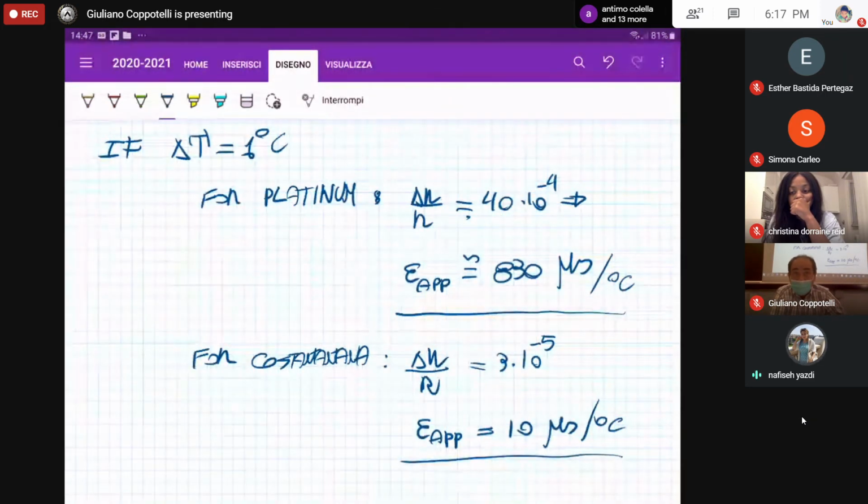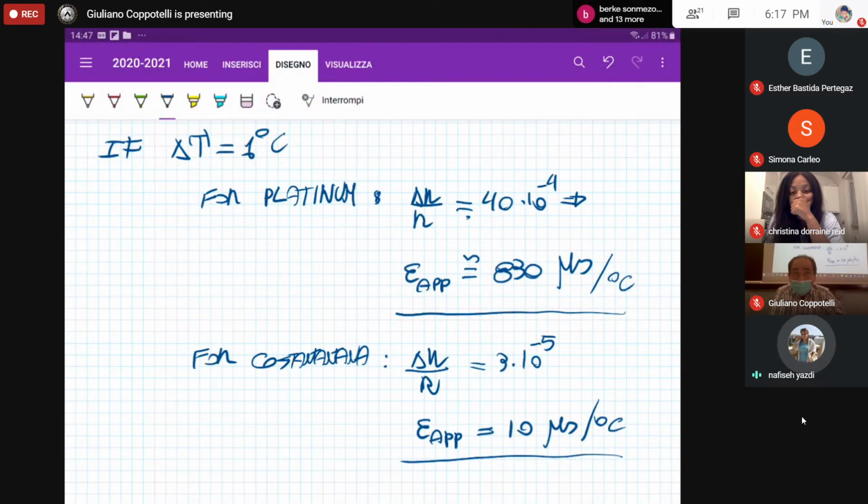What is the benefit of making a strain gauge with platinum? The benefit is just to emphasize this effect, so using the strain gauge to measure the temperature field. Why that? Because with a very small variation of temperature, you have a very large change of resistance that is seen as an apparent strain.